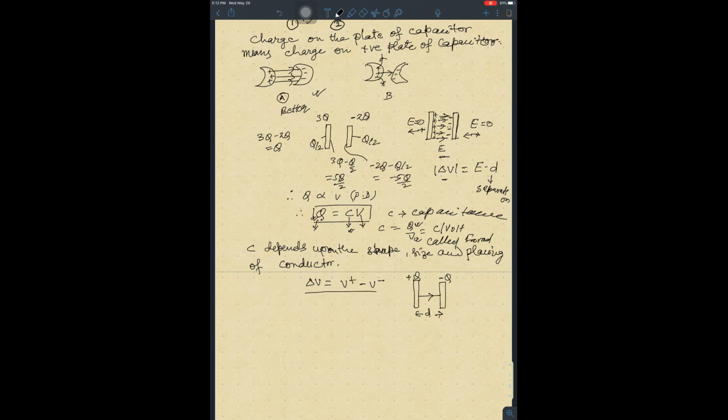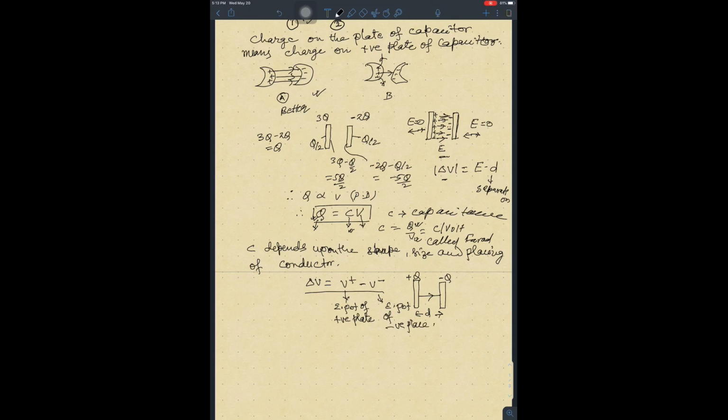So this is the meaning of potential difference between the plates. This is the electric potential of the positive plate, and similarly this is the electric potential of the negative plate.